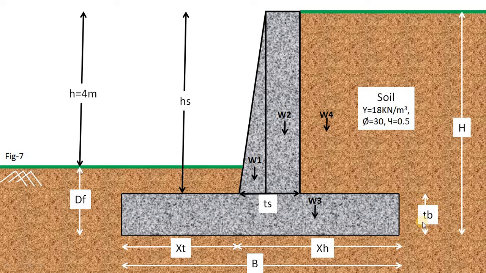Here is the thickness of the base, this is the thickness of the stem, this is XH, the distance from the face of the stem, and this is XT. The addition of XH and XT is the base distance, and there will be self weight acting due to all these components.